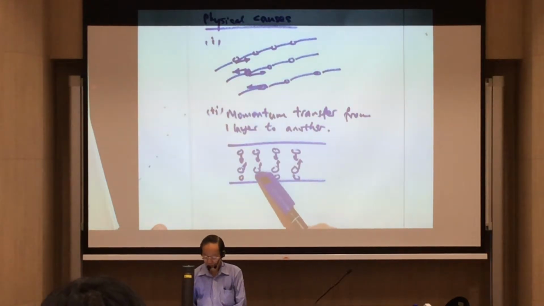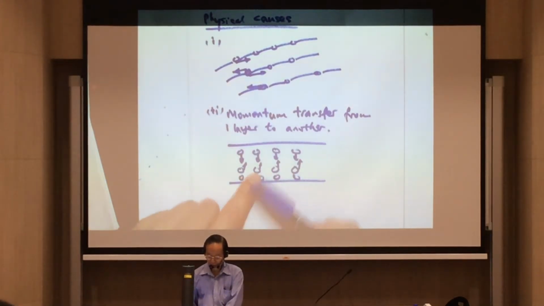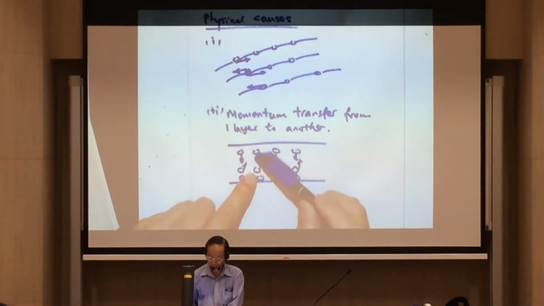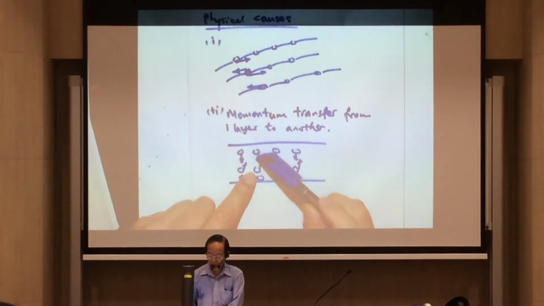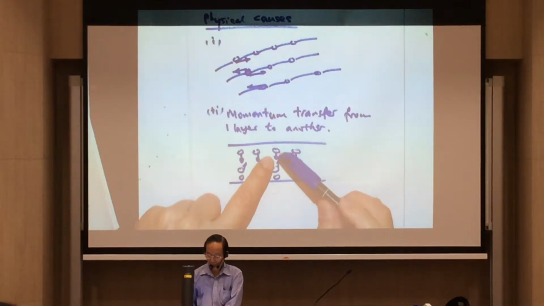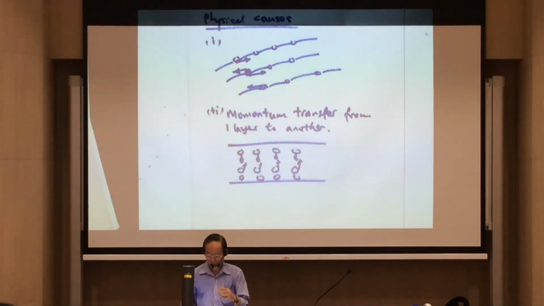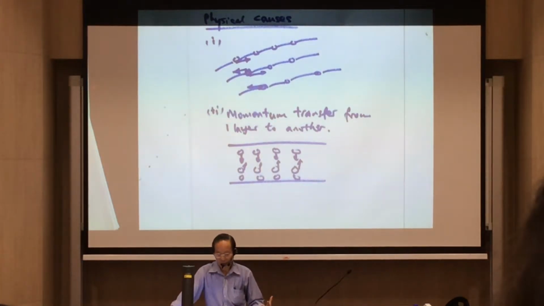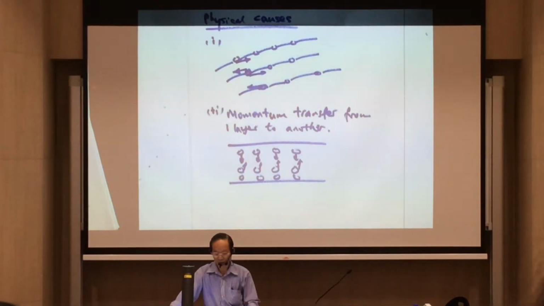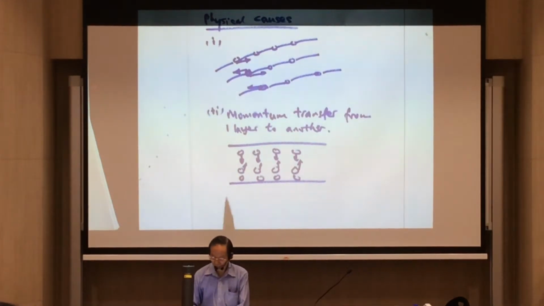Fluid particles can move to this layer and vice versa, therefore this one will try to speed up this layer, and the fluid particles from this layer coming to this layer will try to slow it down. This creates viscosity. It makes the fluid viscous because of momentum transfer. So you can all write and explain.